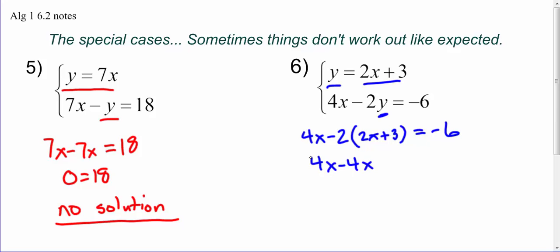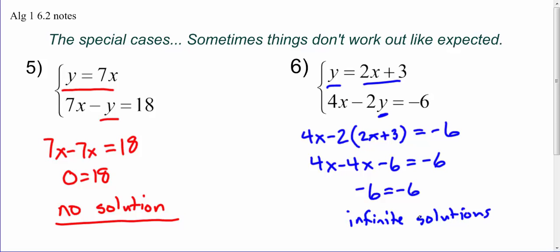So then I'll have 4x minus 4x, again using the distributive property, negative 2 times 3 gives me minus 6 equals negative 6. Well, 4x minus 4x is 0. So when is negative 6 equal to negative 6? Well, that's always true. So what we have here are an infinite number of solutions.